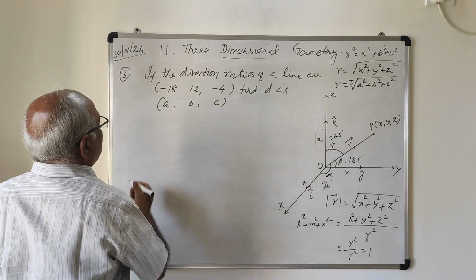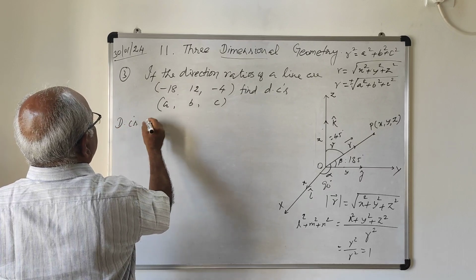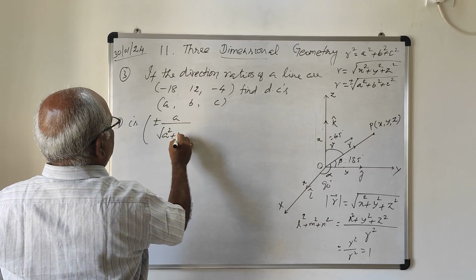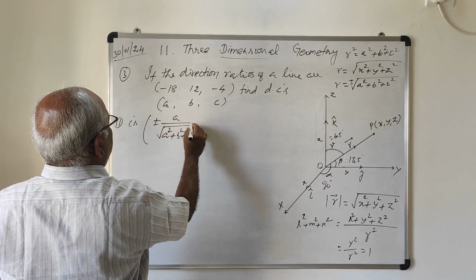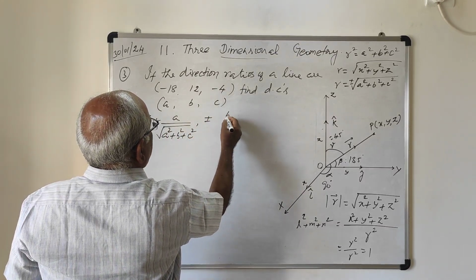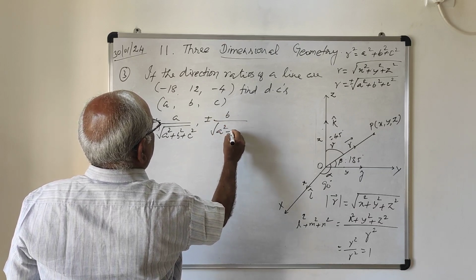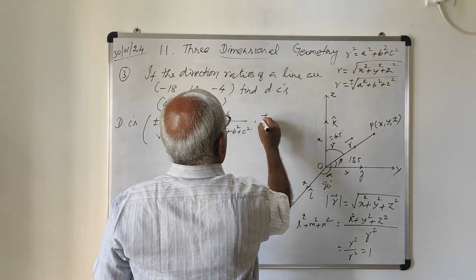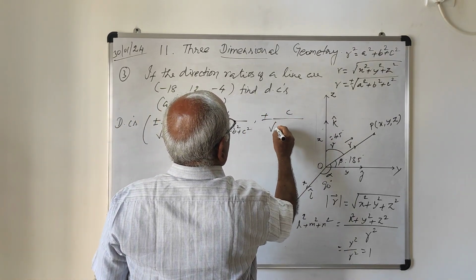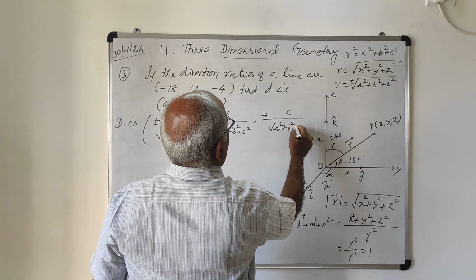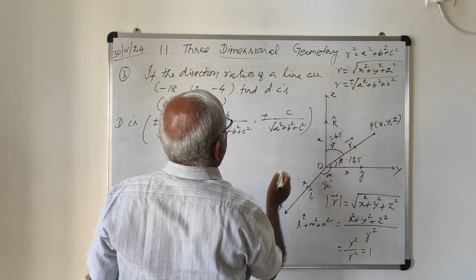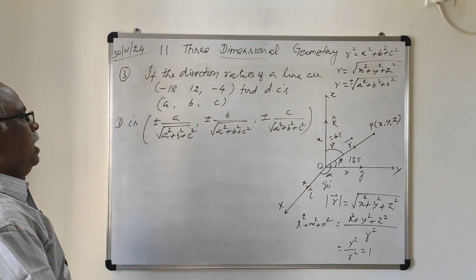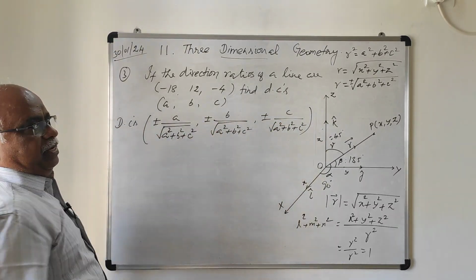DCs you know are plus or minus a by root of a square plus b square plus c square, plus or minus b by root of a square plus b square plus c square, and plus or minus c by root of a square plus b square plus c square. This is our result we have derived. If DRs are given, by finding these values we can find the direction cosines.